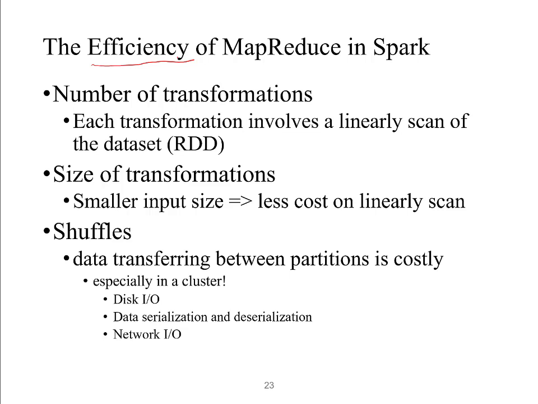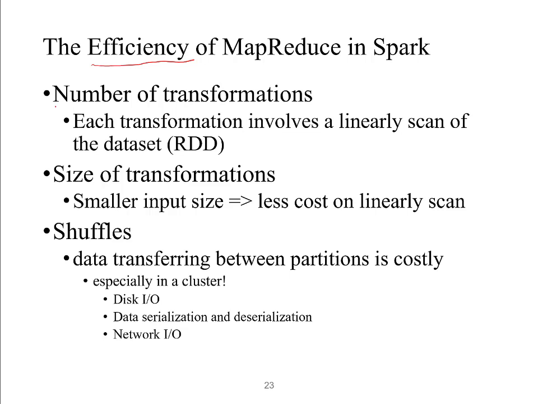All right. So the first factor is the number of transformations. Because each transformation, no matter wide or narrow, involves a linear scan of the whole dataset or the whole RDD. So each transformation you need to go through the whole dataset once.